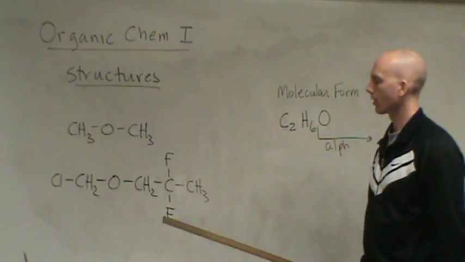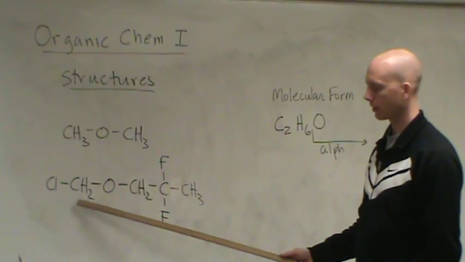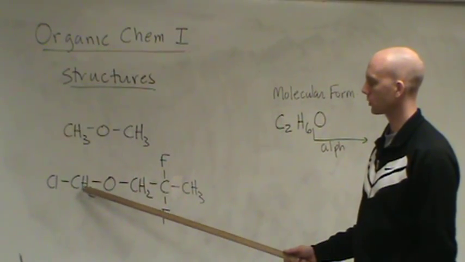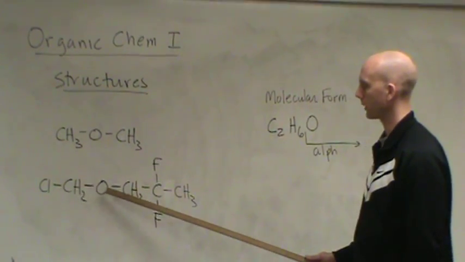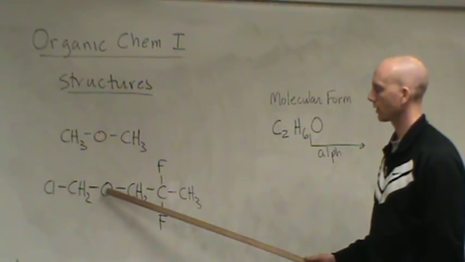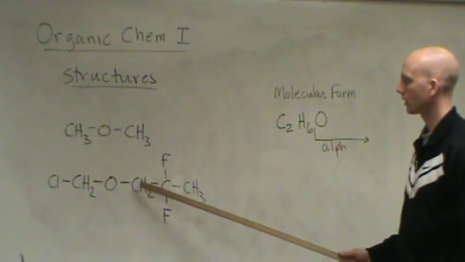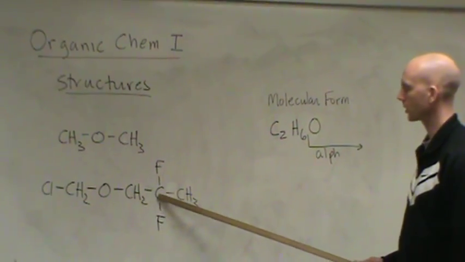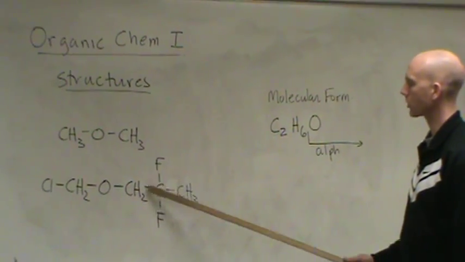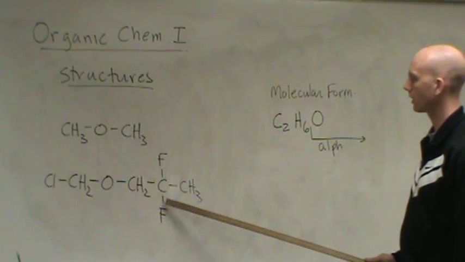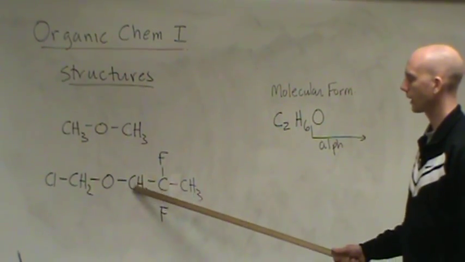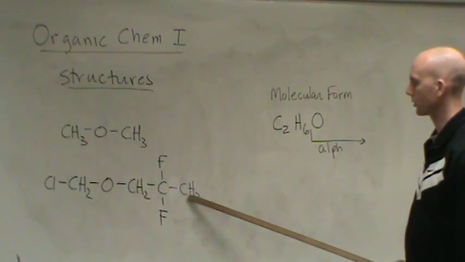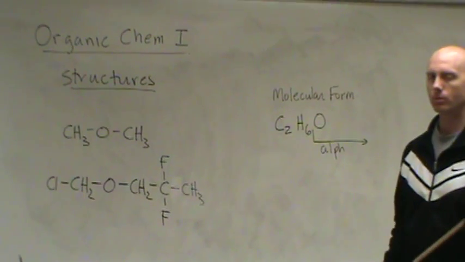Okay? But here we have the carbon with a chlorine on it this time and 2 hydrogens. Then that carbon's bonded to this oxygen. This oxygen's bonded to that carbon, which has 2 hydrogens on it. Then that carbon's bonded to this carbon. Doesn't have any hydrogens. It just has fluorine, fluorine, carbon, and that carbon. And then this carbon has 3 hydrogens and back to that carbon.